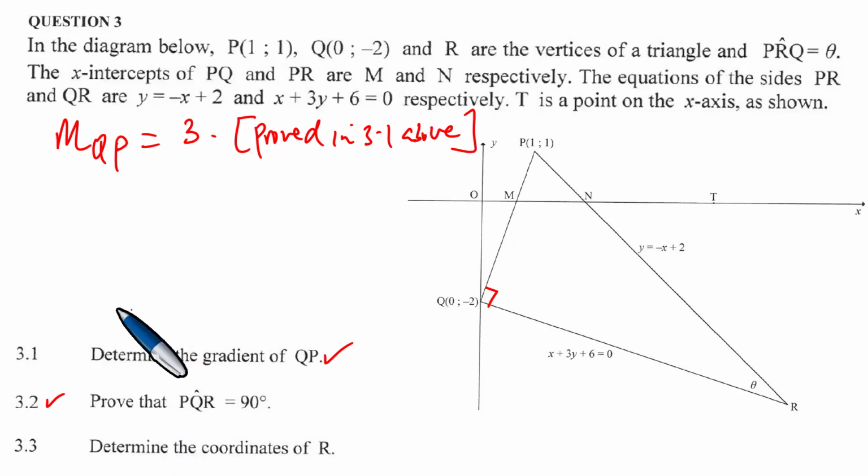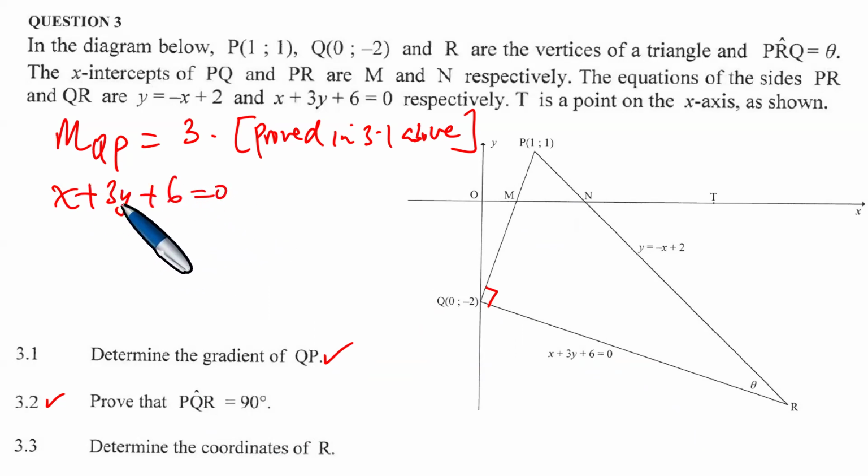But also, the next thing that you need to establish is the gradient of the line QR. This line here has the equation x plus 3y plus 6 equals 0.